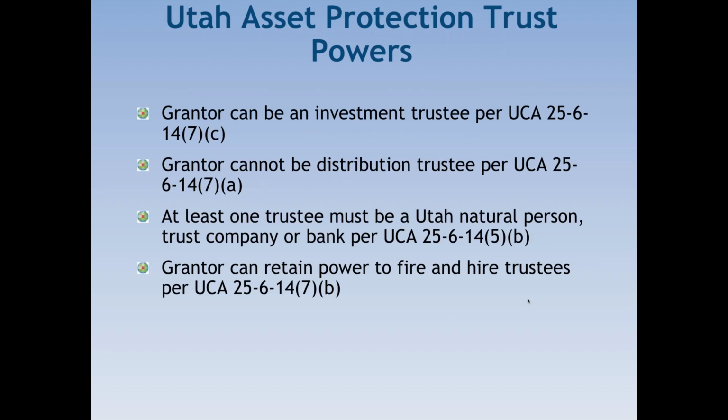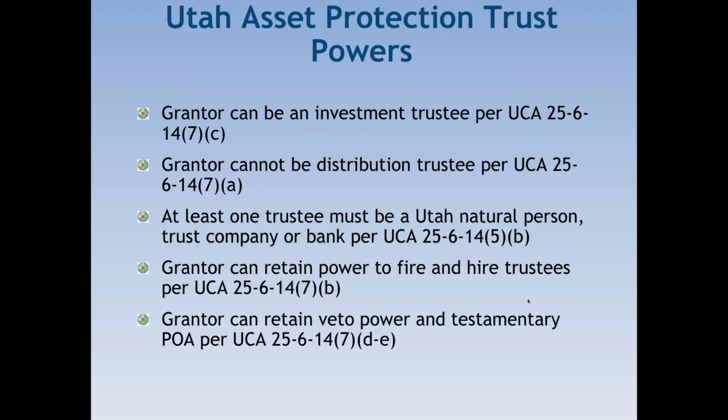So in Utah, we have asset protection trust powers. I'll just go through a few of these here, which are very good trust powers. A grantor can be the investment trustee, which means they can control all the investment options in the trust.